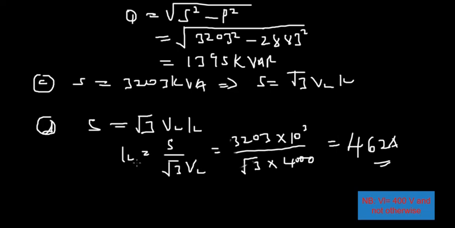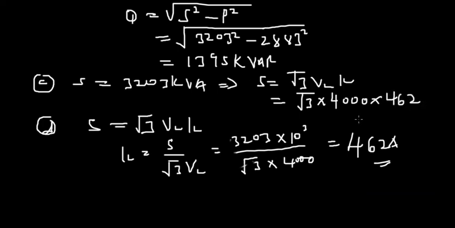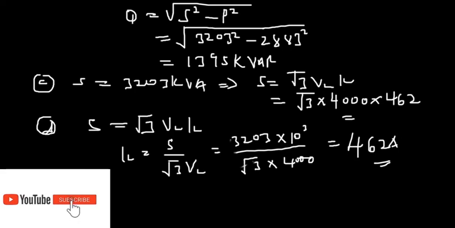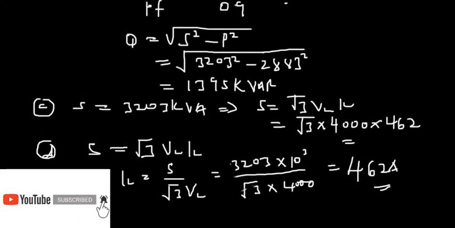Because you've been able to calculate IL, you just verify: root of 3 multiplying VL, which is 4,000, multiplied by 462. Most definitely you must get something close or equal to this. Right, so this was very simple and concise.